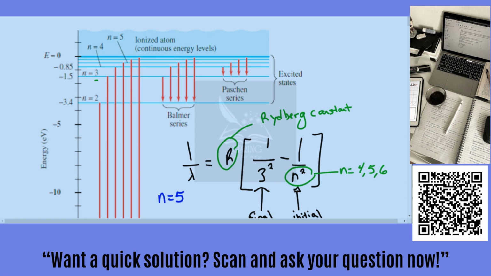So we have this n equals 3 and n equals, so it looks like this is what your missing n is going to look like here. And we have that 3 here because it needs to be higher than 3. And what we're looking at is the Paschen series, which is right here, okay?